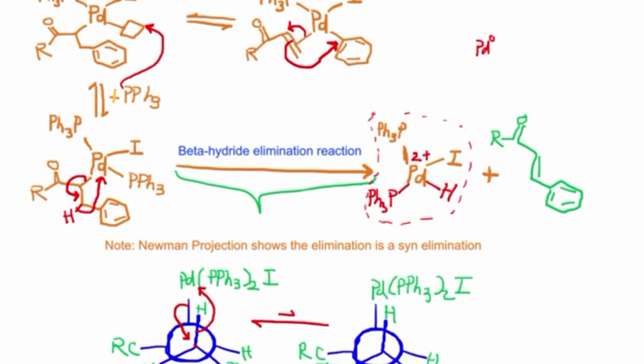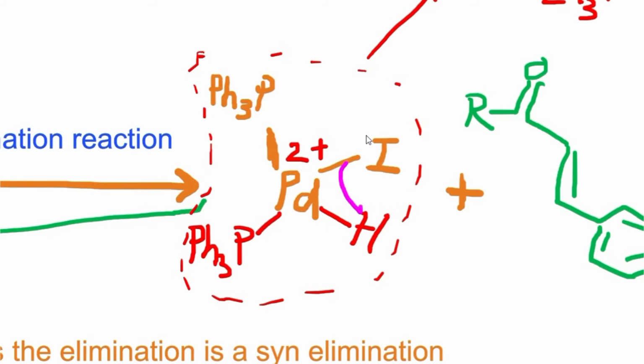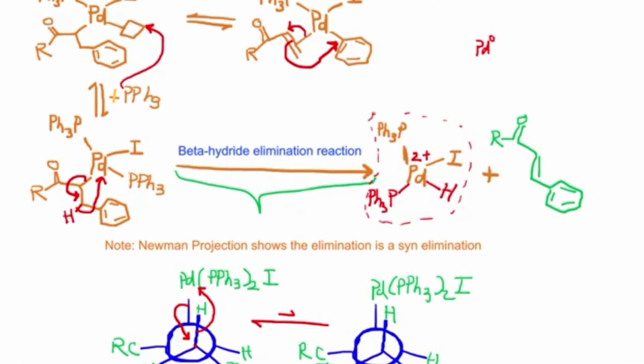You can perform that at home for practice, and it will result in the formation of this, with iodide and hydrogen right there. Sometimes, in the presence of the base, the iodide coordinates with the base, which is what you have here, a specific amine with hydrogen and iodide.